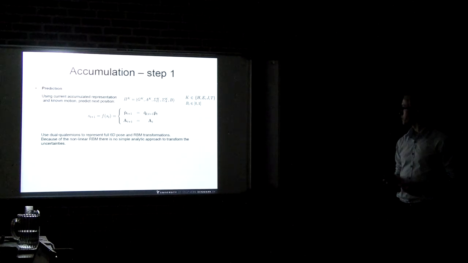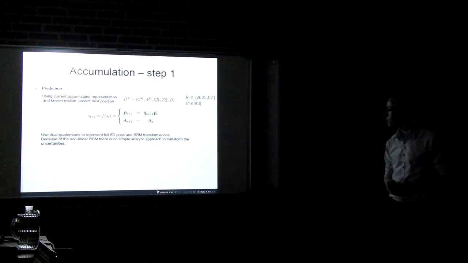Some formalism. We have our parameterization now in a bit more detail. We have the geometric parameters, the appearance, the associated uncertainties as a covariance matrix, and the belief associated to each of our features.